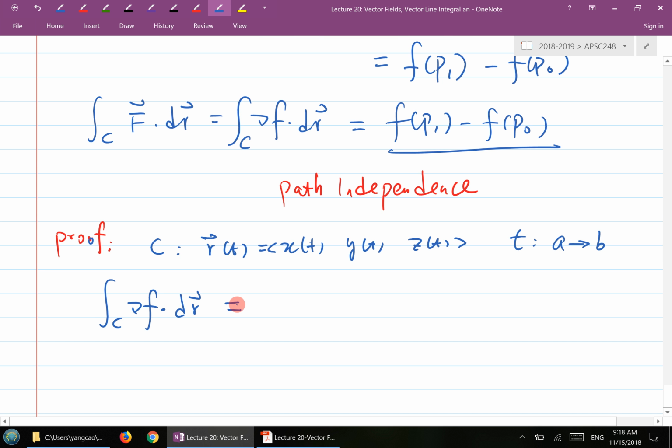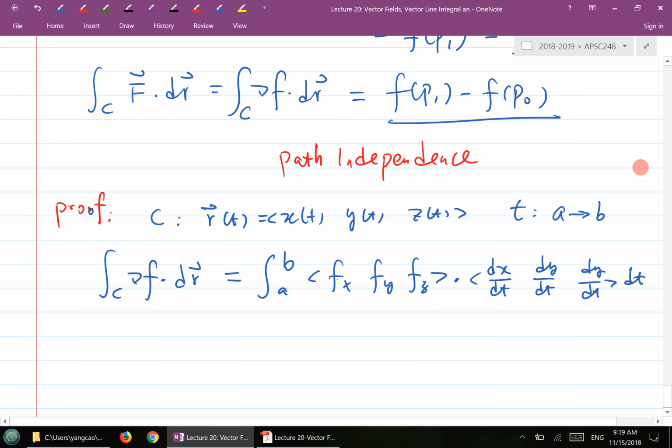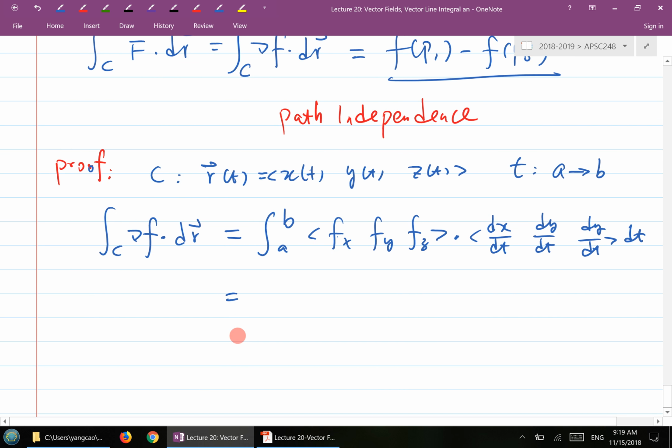Let's calculate this line integral and take a look at what that would be. It goes from a to b, and del f, whatever that scalar function is, you can calculate its gradient, which is basically three partial derivatives. And then dot dr, where dr is dx over dt, dy over dt, dz over dt times dt. Now we can multiply this dot product out.